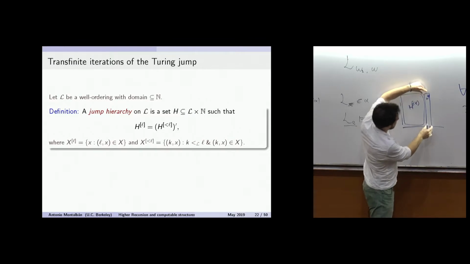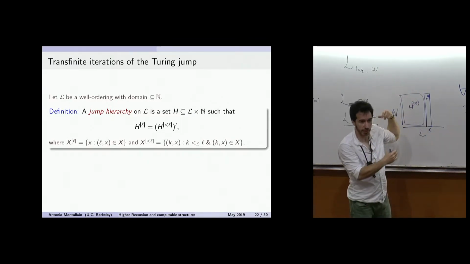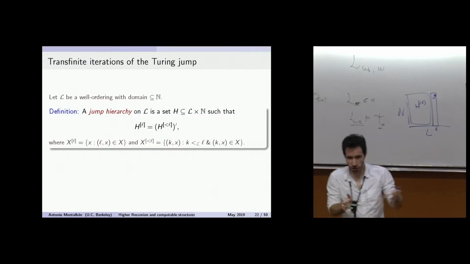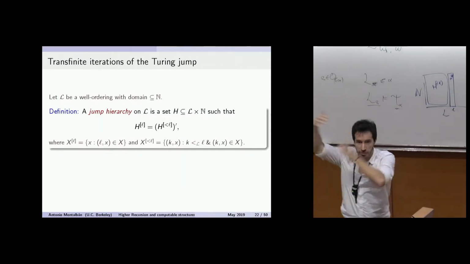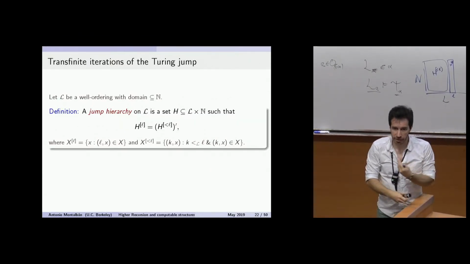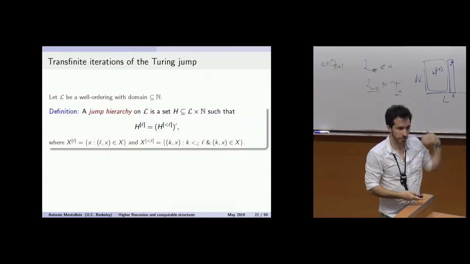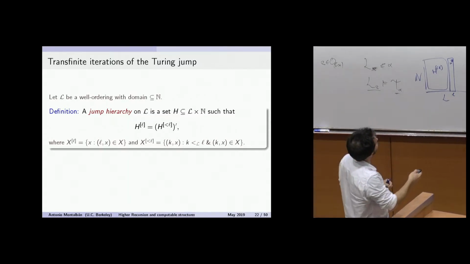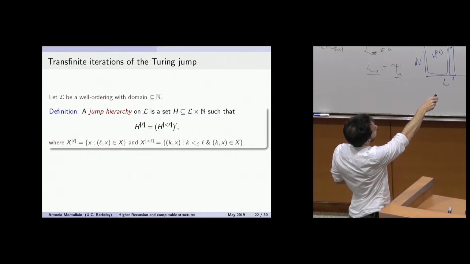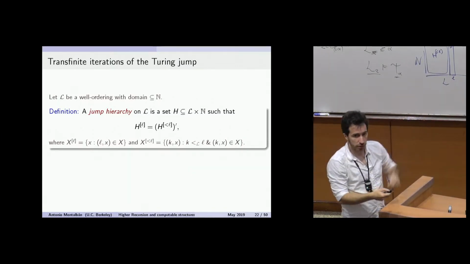So this column is the jump of all the previous ones together. As you go up in L, each column is the jump of all the previous ones together. So that's how we're iterating the jump along L. All right? So that's the notation. This means the Lth column, and this means all the columns before L together.